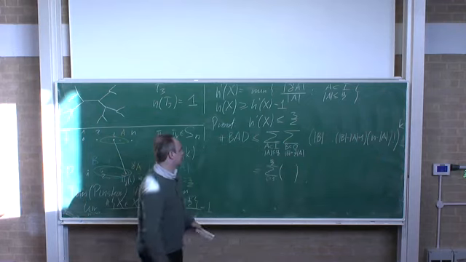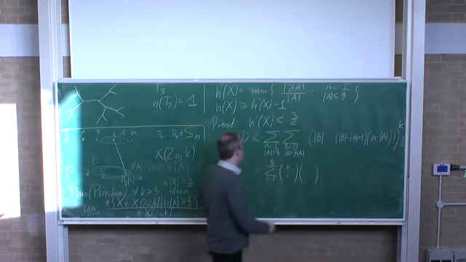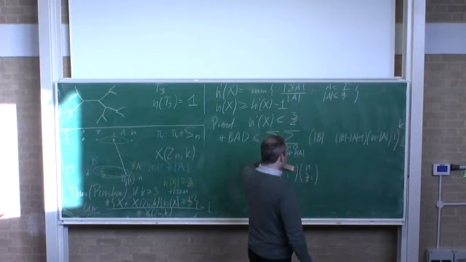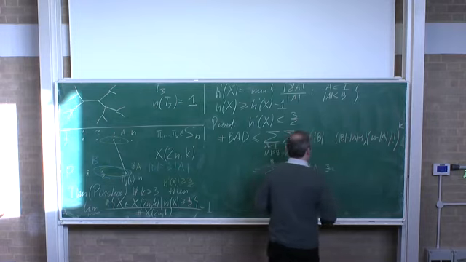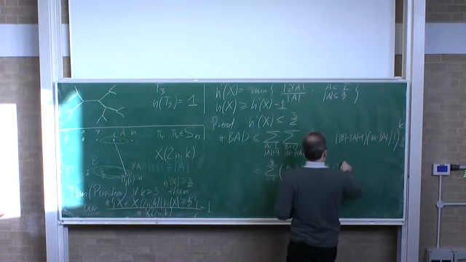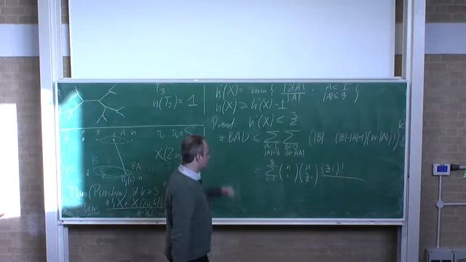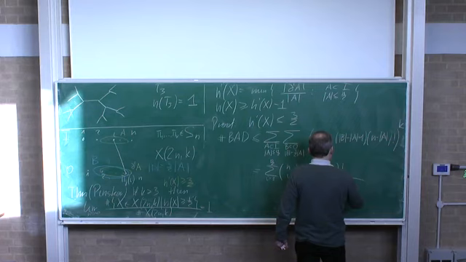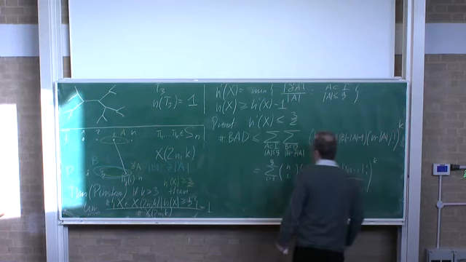So now the number of choices for A will be n choose I. The number of choices for B will be n choose 3 half I. Now the size of B is 3 half I, so it will be 3 half I factorial divided by the size of B minus size of A, which is 1 half I, so it's I divided by 2 factorial, and here we have n minus I factorial, okay, and all this to the power k.